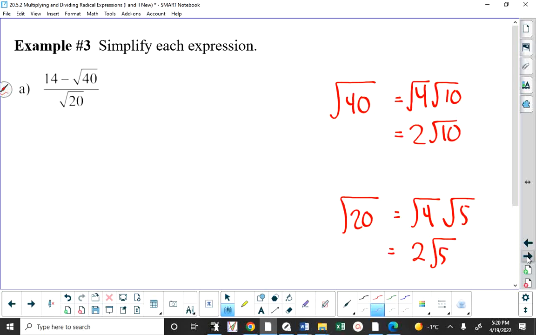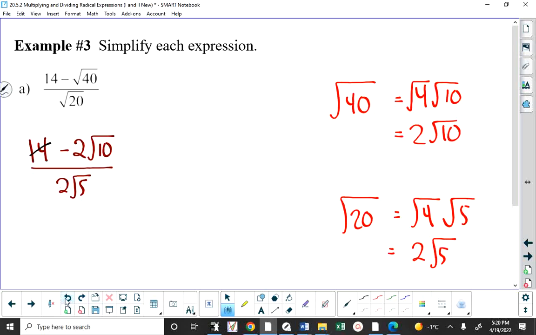So let's rewrite this with those simplified radicals. We have 14 minus 2 root 10 over 2 root 5. Now this is very similar to quadratic results from the quadratic formula. You cannot do this. That's not allowed. You cannot do that. That's not allowed.